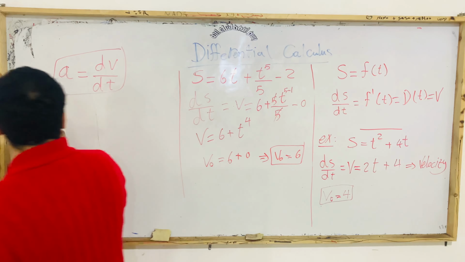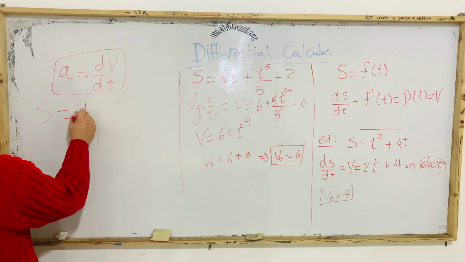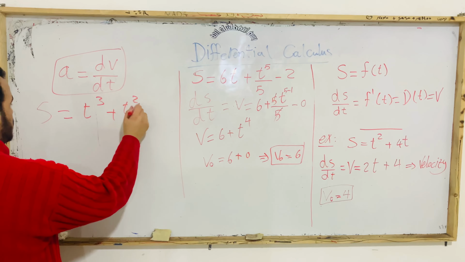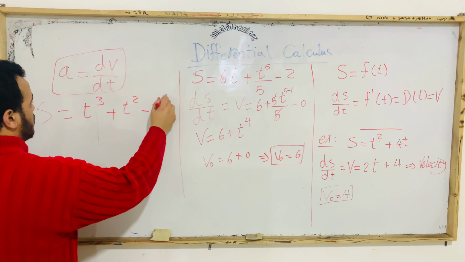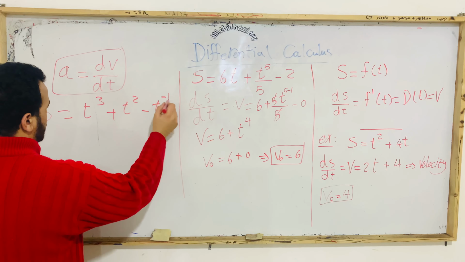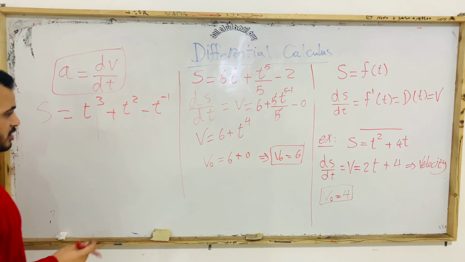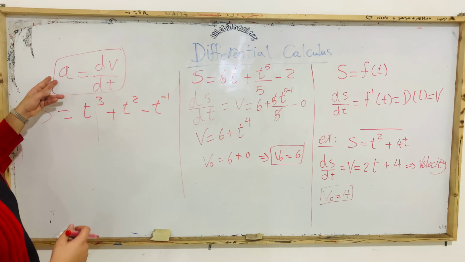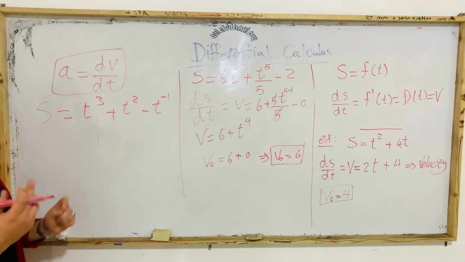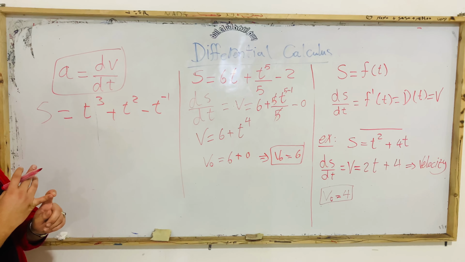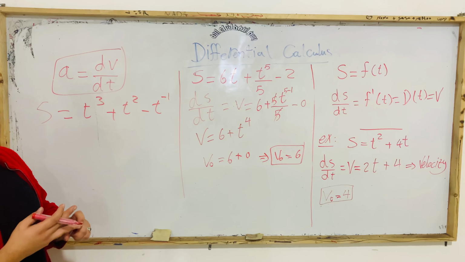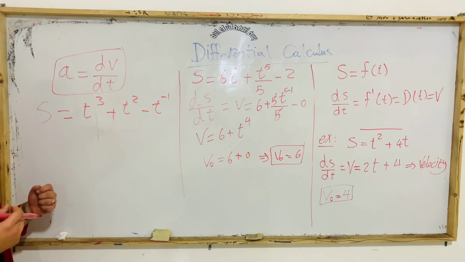S equals t cubed plus t squared minus t inverse, or raised to the power negative 1. If we attempt to find the acceleration, we have first to find the velocity and then get the derivative of the velocity to find the acceleration.